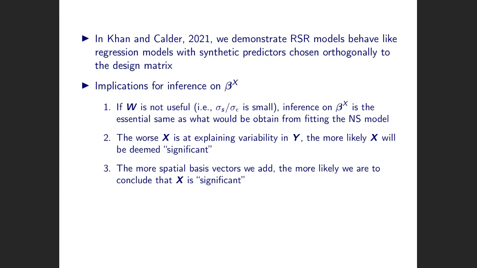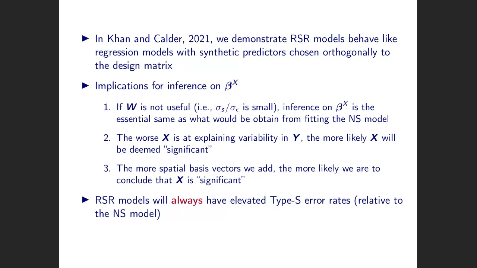And then lastly, the more spatial basis vectors we add to the model, the more likely we are to conclude x is significant. Therefore, this selection of basis functions, or dimension reduction, that modeling decision, which is proposed as a computational technique, is driving inference in these models, which is not something that we would want to happen.